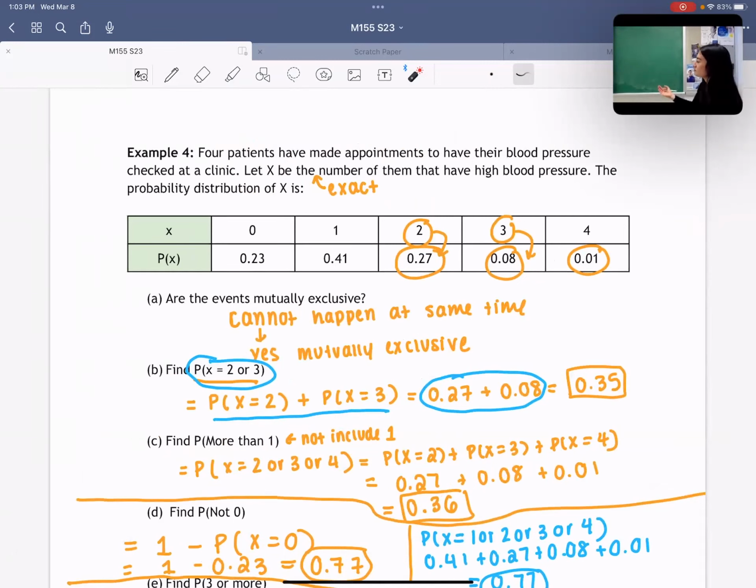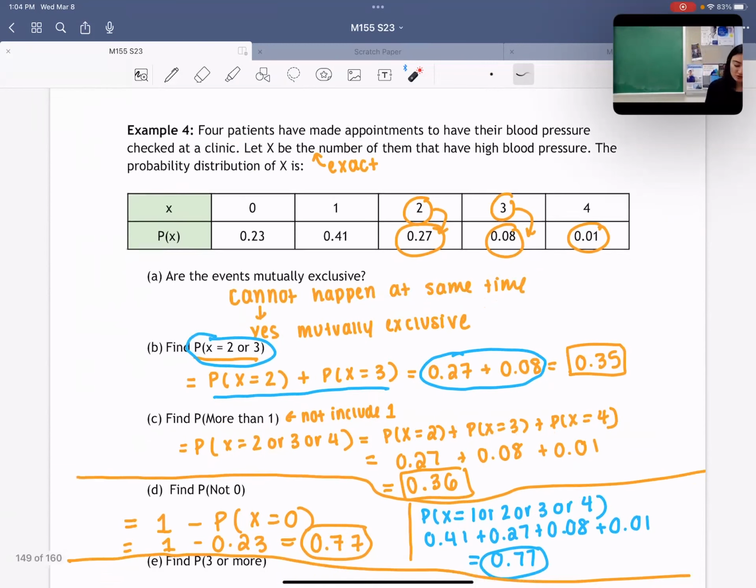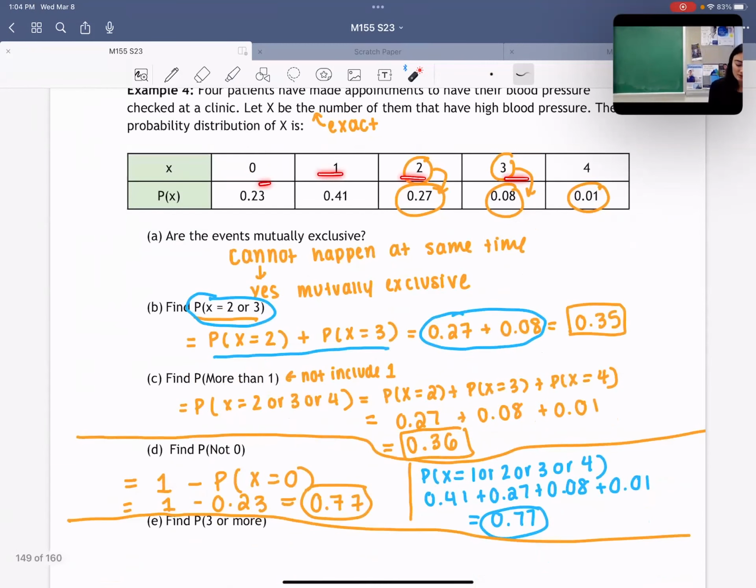We did example 4 where we took a bunch of different things, which were the exact number of people who have high blood pressure. We have a probability distribution, and we said that all of these individual events are mutually exclusive. So these are the formulas that we're used to, okay? If I want to find the probability of like 2 or 3 or 4, it's really easy.